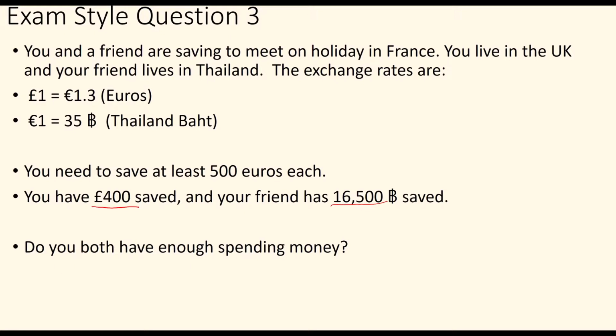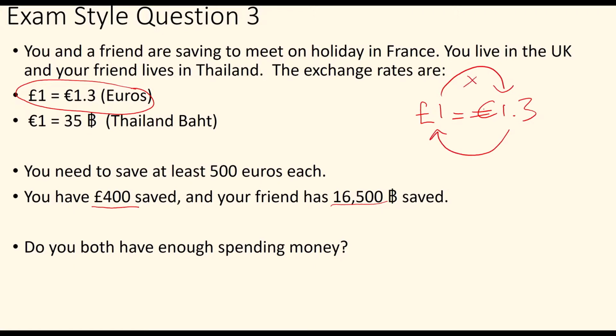Let's deal with your amount. So we're talking about pounds. So we need the conversion factor that's got pounds in it, which is this first one. So let's rewrite it out. Here's the arrows. You can tell I'm getting tired now. Circles are looking a bit sloppy. So you've saved £400. We want to go from pounds to euros.